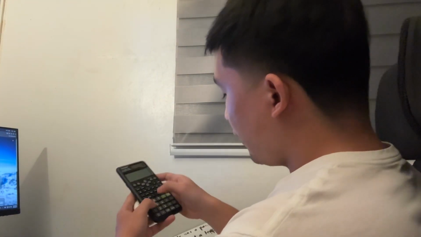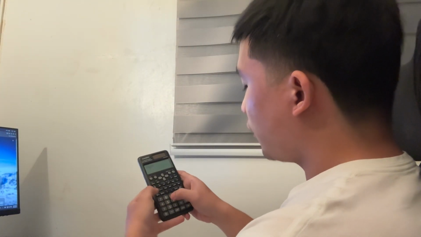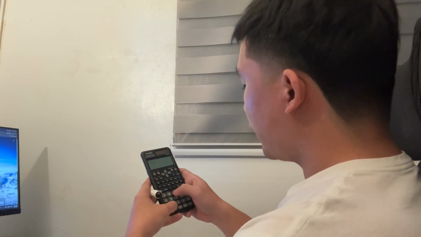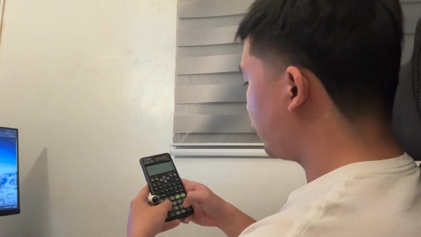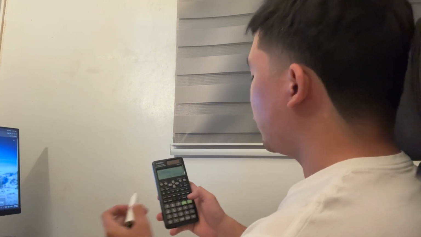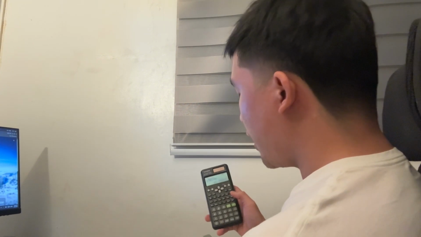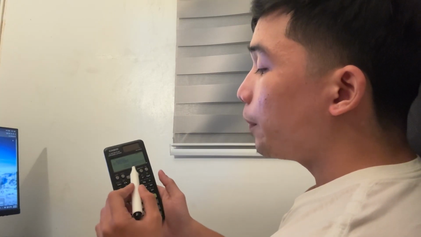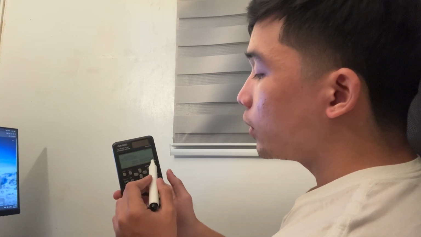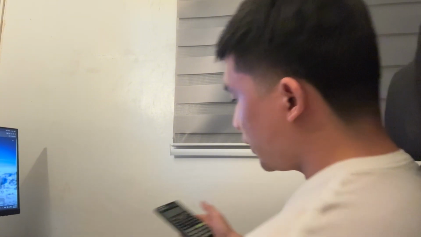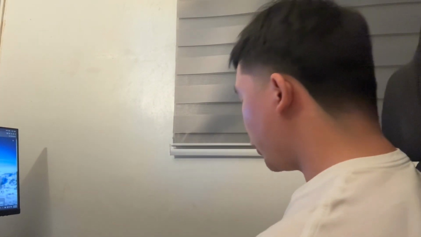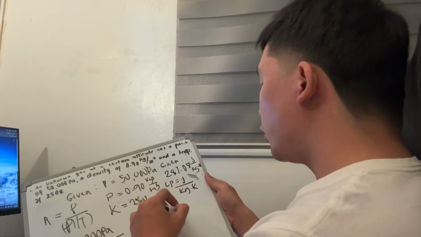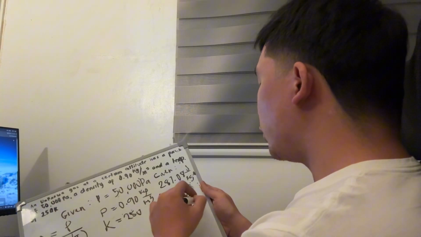We have 50,000 over 0.90 times 250. For our value of specific gas constant, we have 222.2222222. Let's just put 4 decimal places: 222.2222.